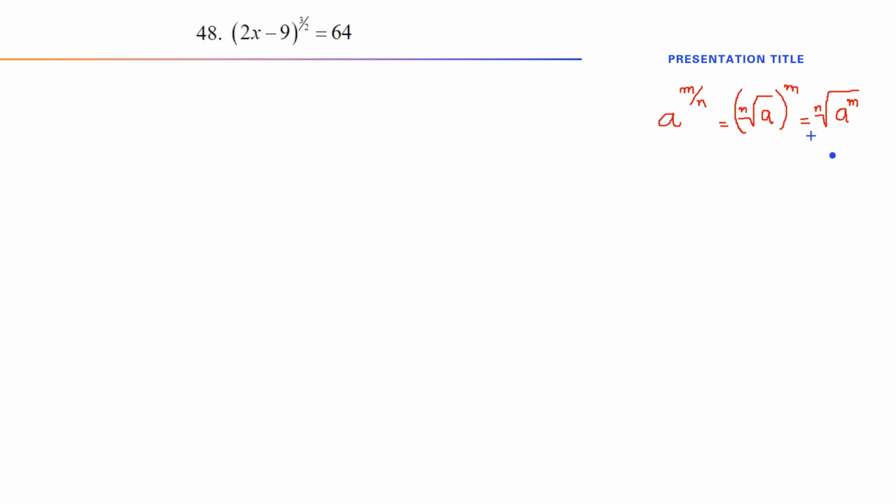So m is the numerator, and that indicates the exponent. n is the denominator, so it indicates the root.